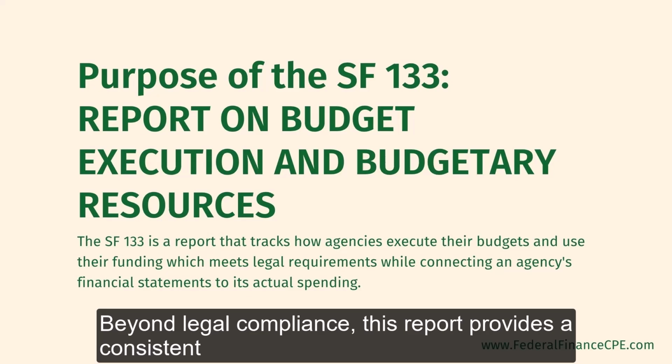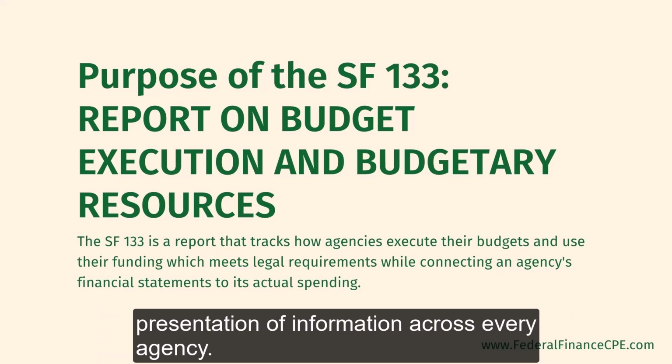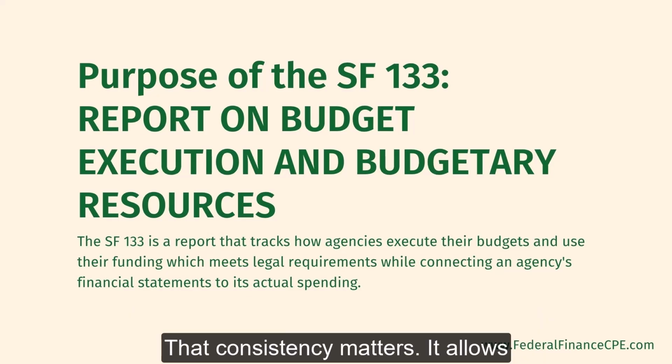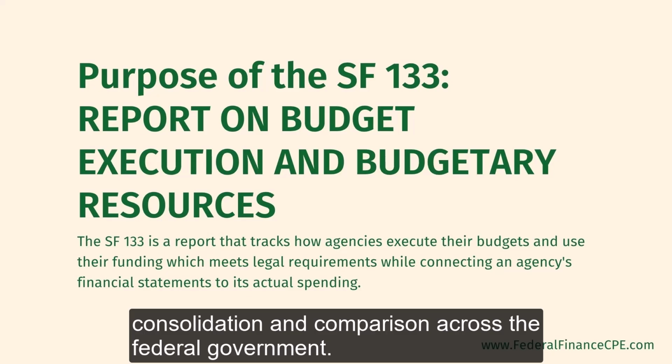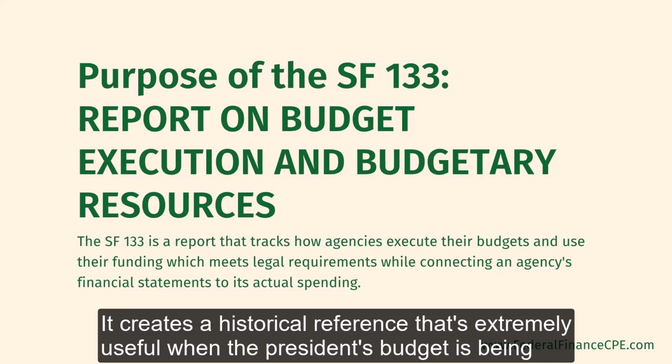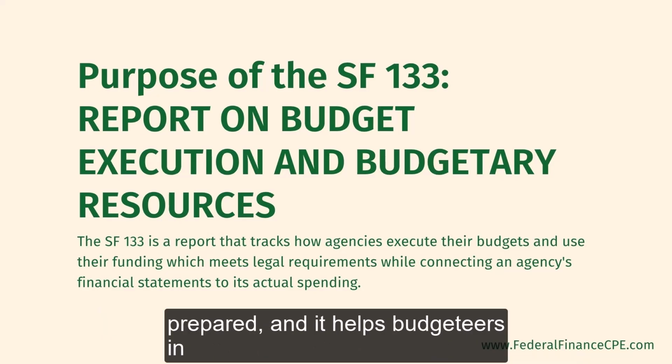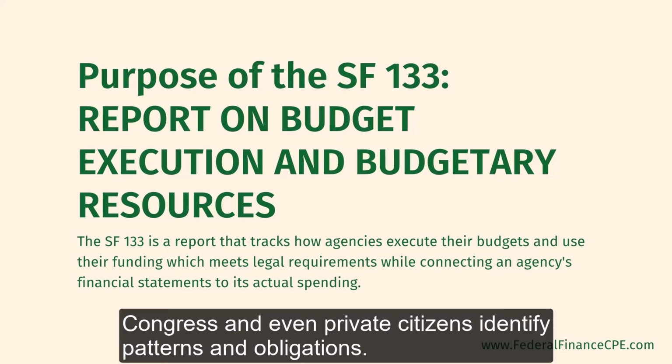Beyond legal compliance, this report provides a consistent presentation of information across every agency. That consistency matters. It allows for consolidation and comparison across the federal government. It creates a historical reference that's extremely useful when the president's budget is being prepared, and it helps budgeteers in Congress and even private citizens identify patterns and obligations.